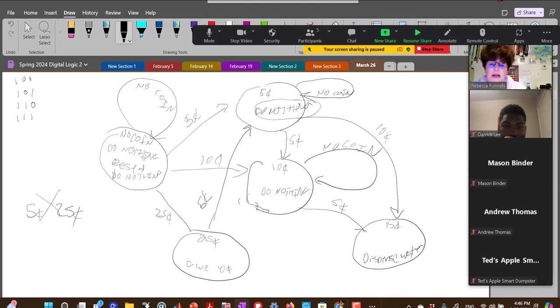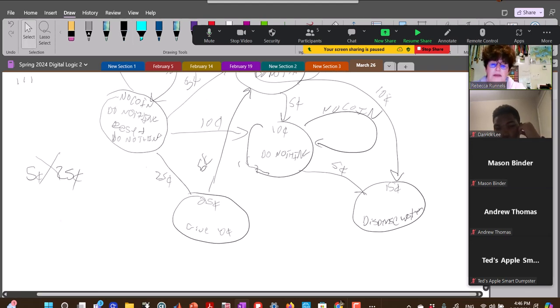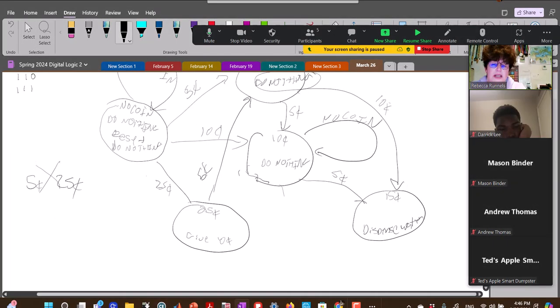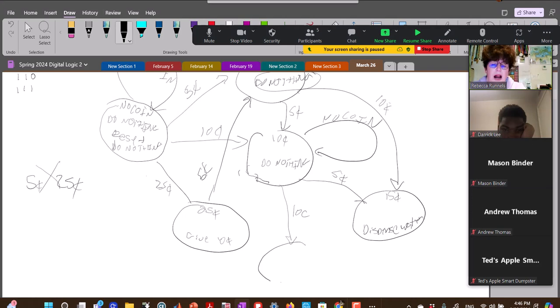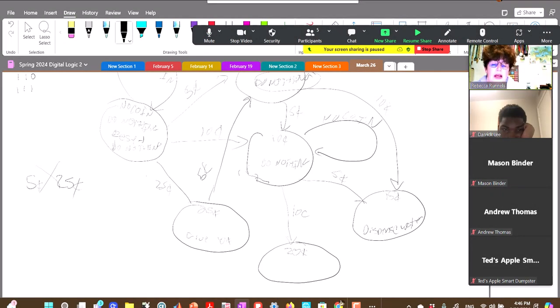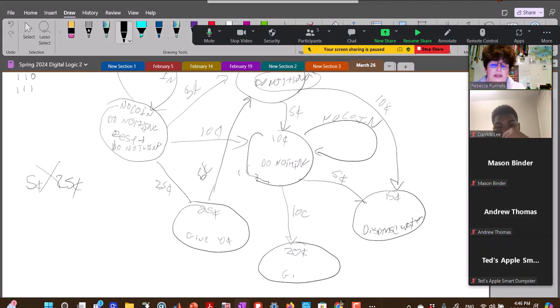And there's one more option I have if I'm at 10 cents. If I get a 10 cent, I can go to the 20 cent state, and then my action would be to give 5 cents change. So now I have my 5 actions: do nothing, give 10 cents, give 5 cents, and dispense water.